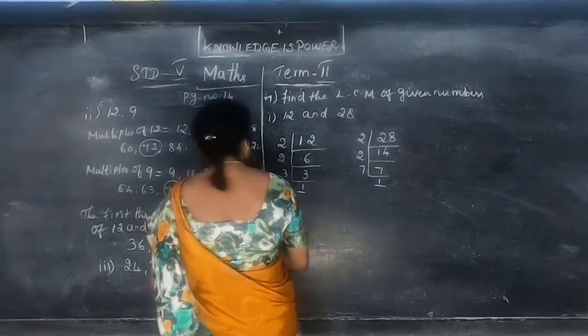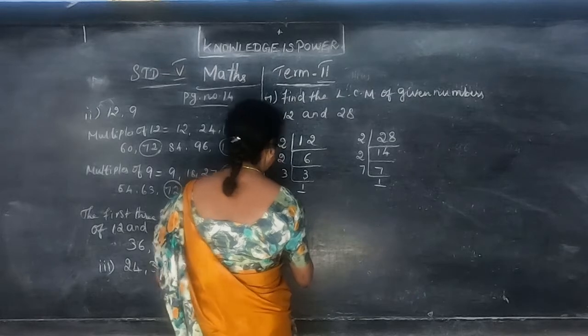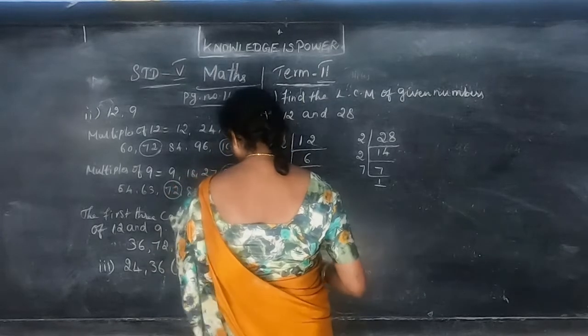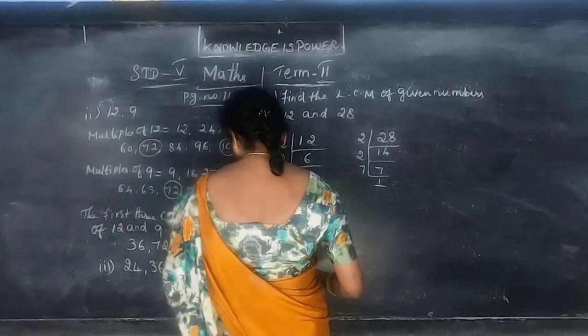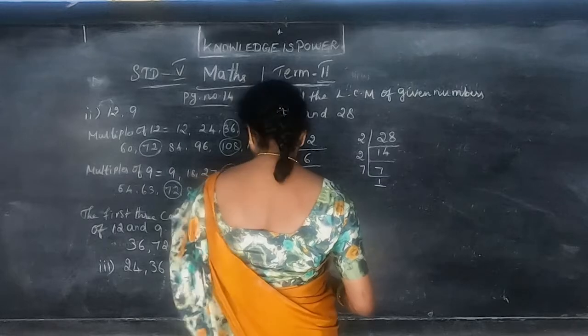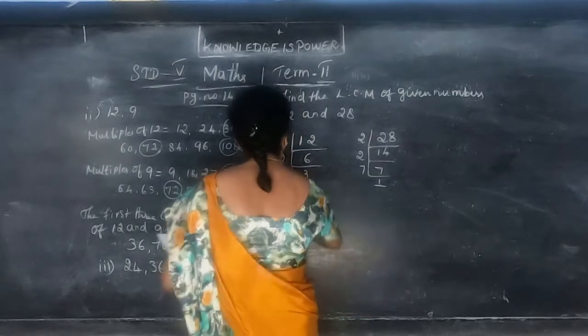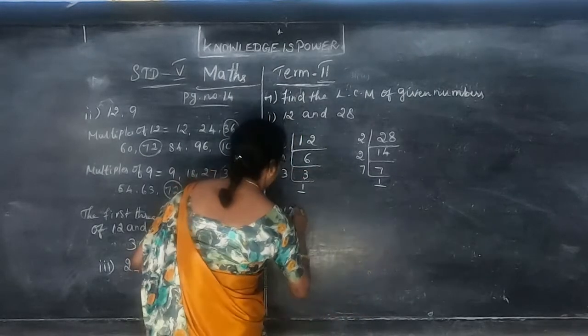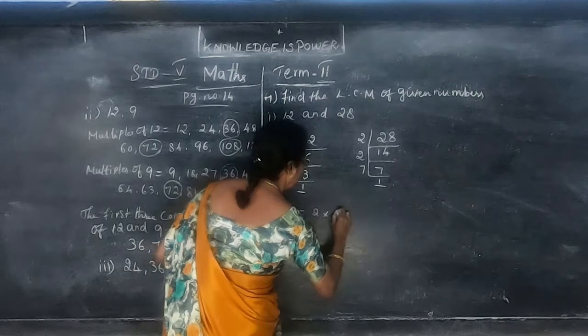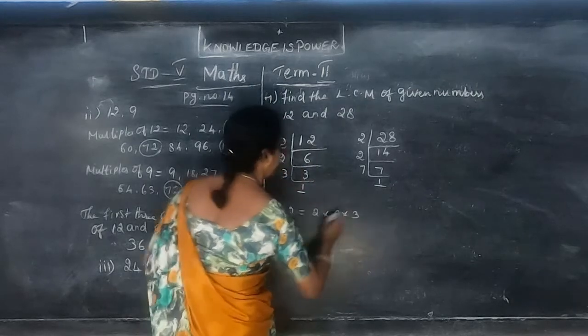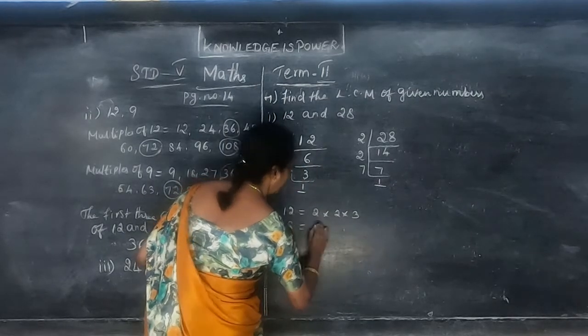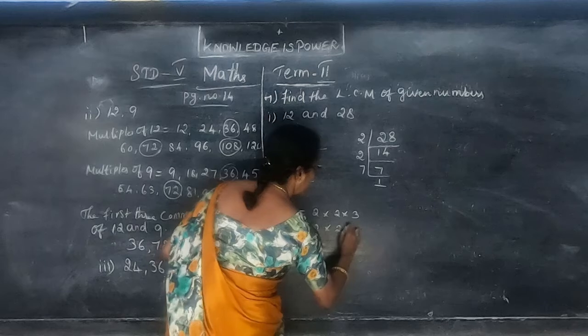Okay. Now we have to find the LCM. 12 is equal to 2 into 2 into 3. Then 28 is equal to 2 into 2 into 7.